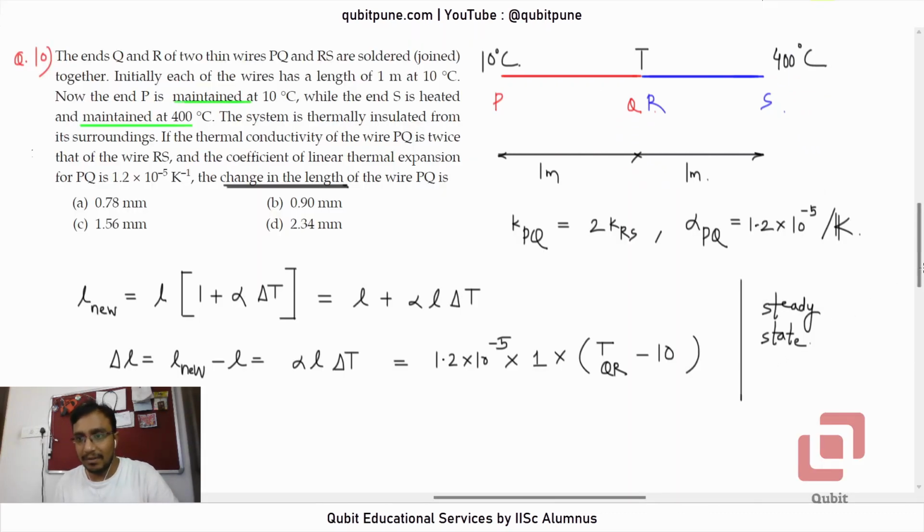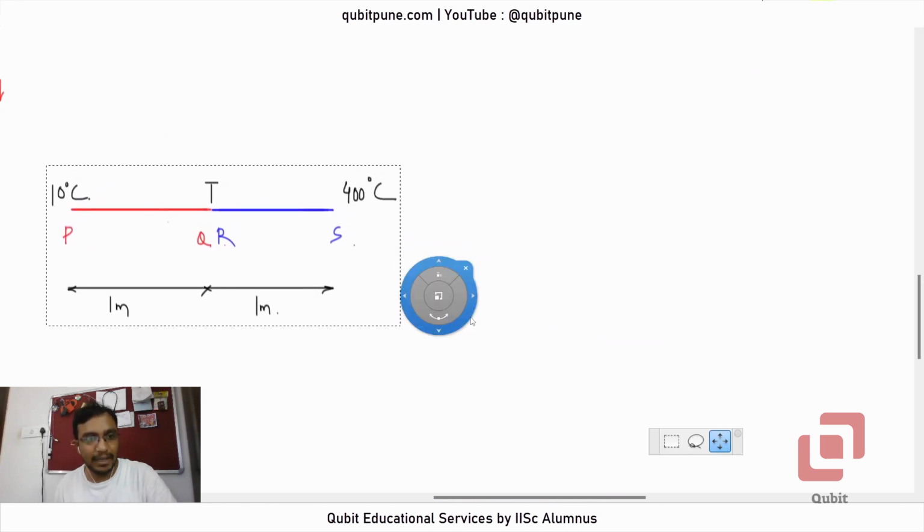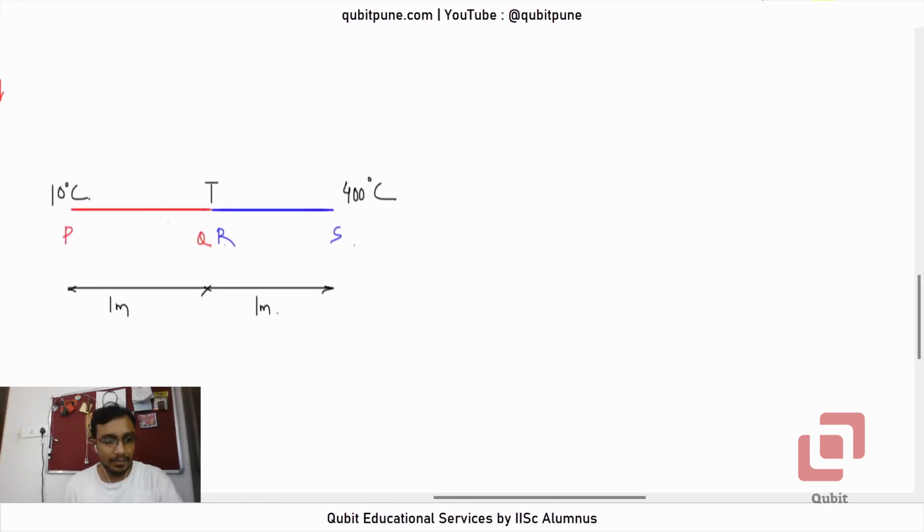Now think about the same situation in terms of electricity. Suppose there is a resistance PQ and a resistance RS here. And think of this delta V, potential difference between S and P, as delta T. Because why is current flowing after all?